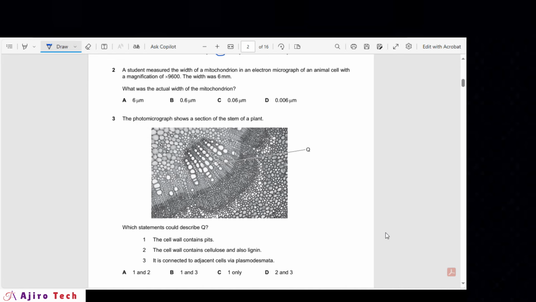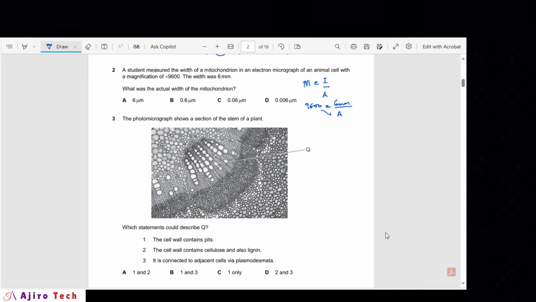What was the actual width of the mitochondrion? So the formula is magnification equals image size over actual size. Magnification is 9,600. The image size is 6 millimeter. The actual size is what we're looking for.